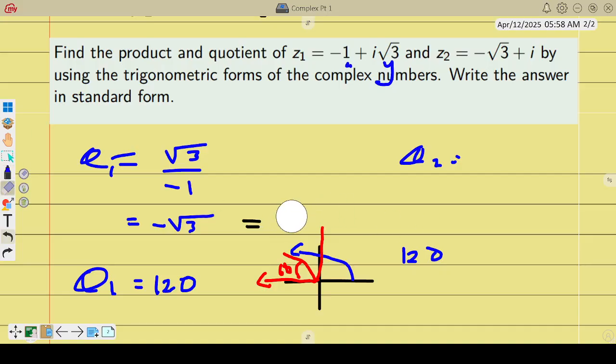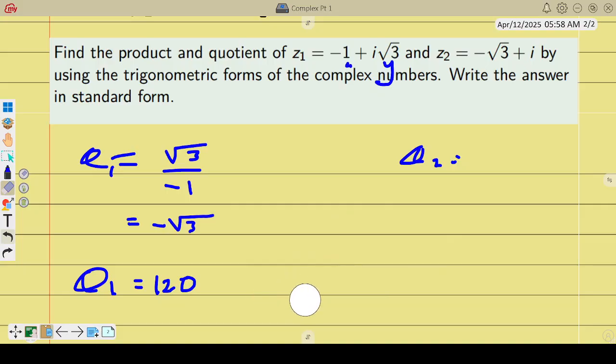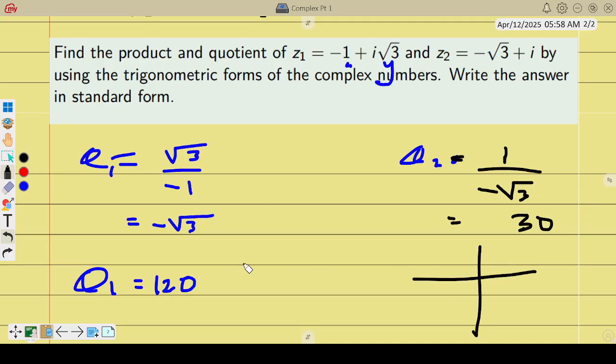And then let's go to the other one. Let's go to B. So you can pause the video and then try to solve. What angle are you getting? So here y is 1. Y is 1. X is -√3. Yeah, so here 1 over √3, you just know that this is 30 degrees. So this is a special angle, 30 degrees, and then ensure that it is being read from the positive x-axis.